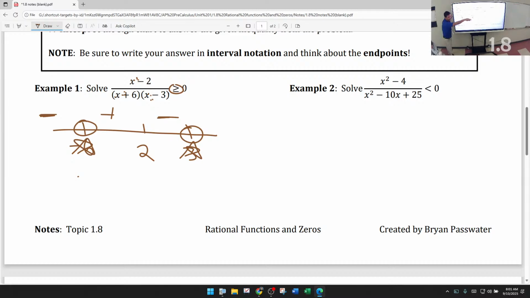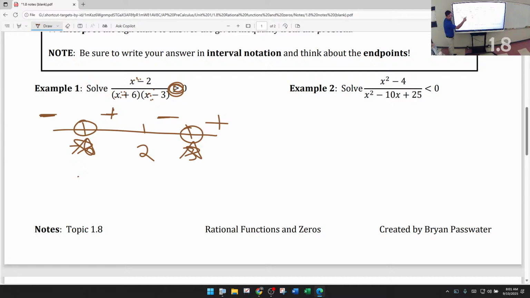And now I got to go to the right of 3, 2,862. Positive, positive, positive, positive. And then I want what? Positive, greater than or equal to 0. Negative, negative, negative.